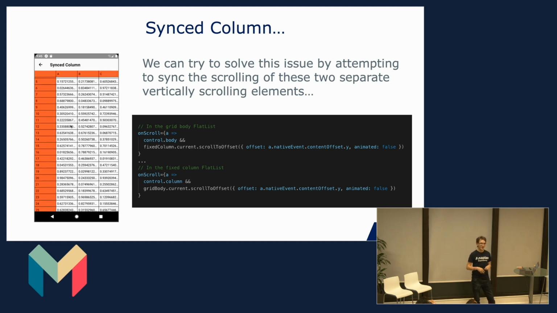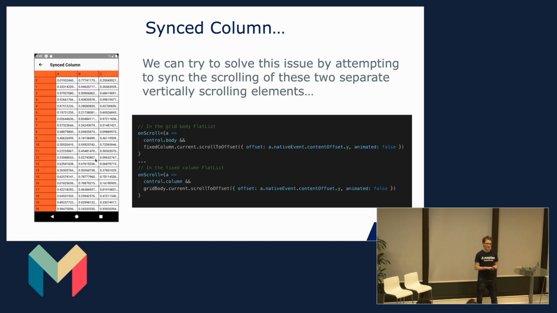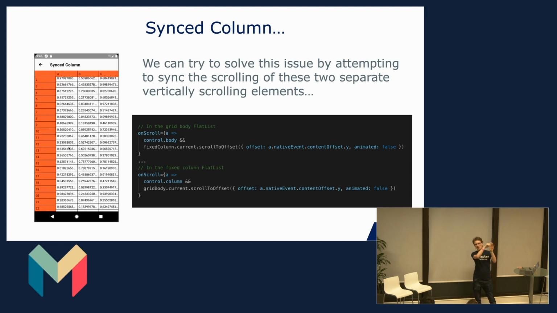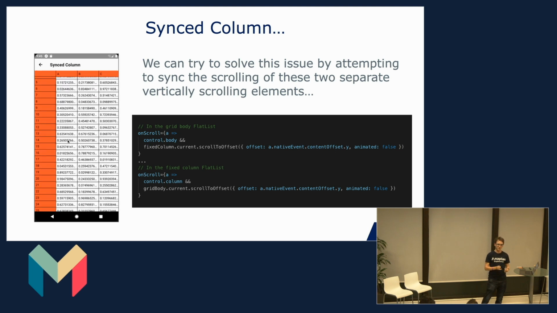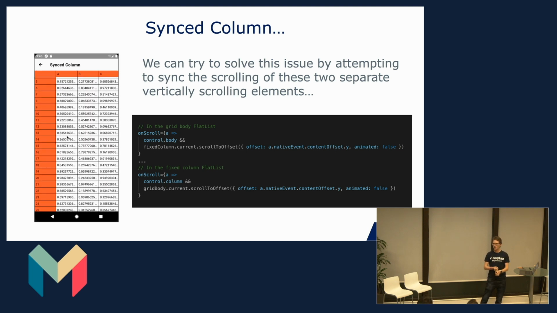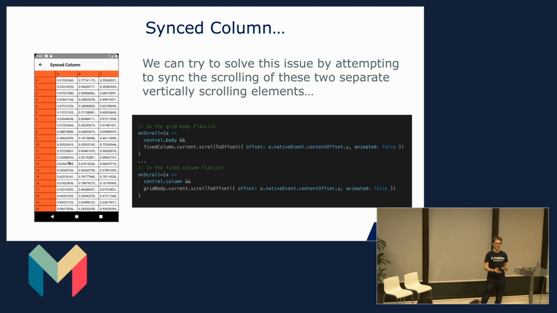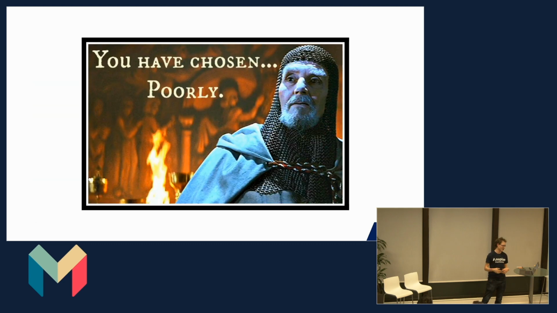On top of that, I'm having to put in a bit of logic to say, if I scroll the body, scroll the column, but don't make that feedback loop happen where I've just scrolled the column, now scroll the body, because you're going to end up with some really funny interactions that way. So I'm sticking logic and calculations into this render loop, which is happening after I've actually had a scrolling interaction. So this is not an ideal solution.